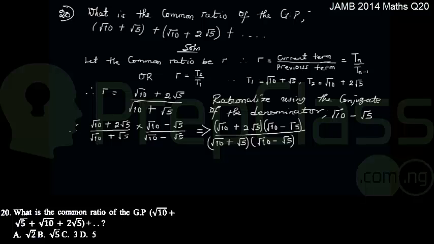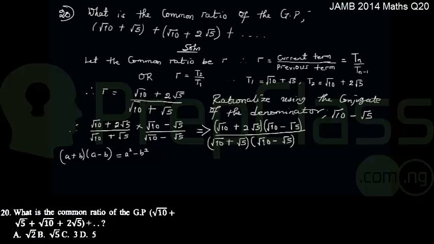At this juncture we should remember the difference of two squares identity: if I have the product of a plus b and a minus b, the result will be a squared minus b squared.